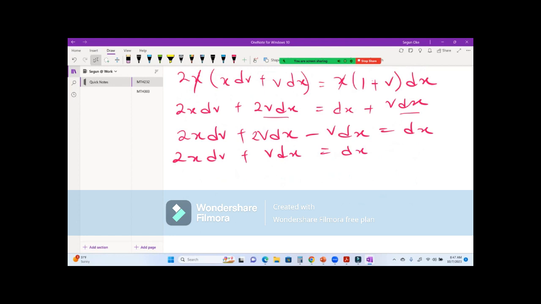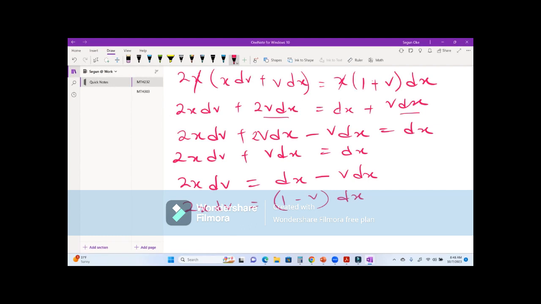Something is still common. I can take this one back to the x, because this is dv. I will just say 2x dv equals to the x minus v dx. So I have 2x dv equals to 1 minus v dx.